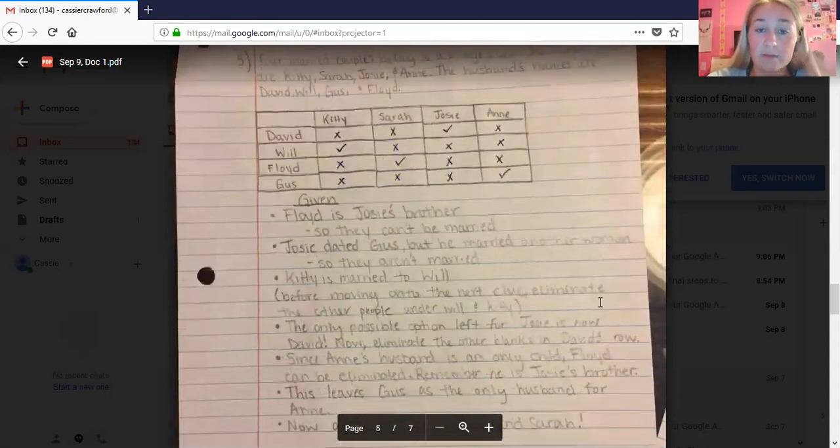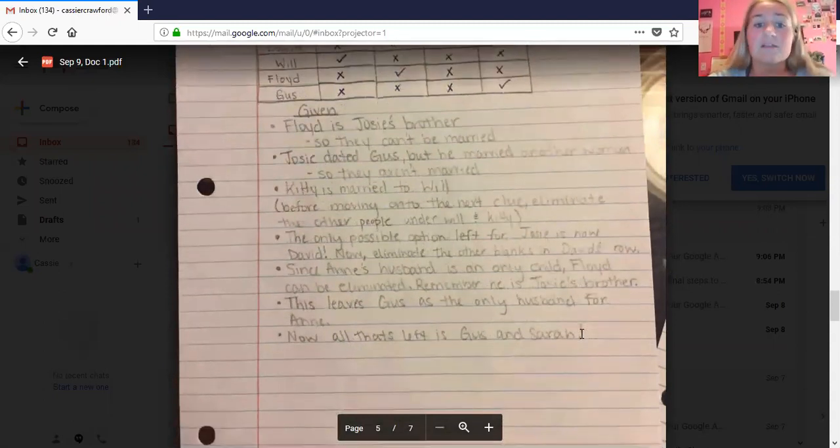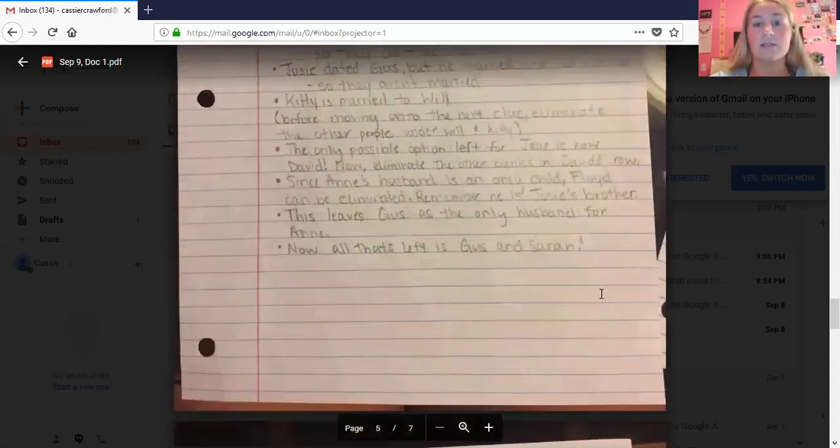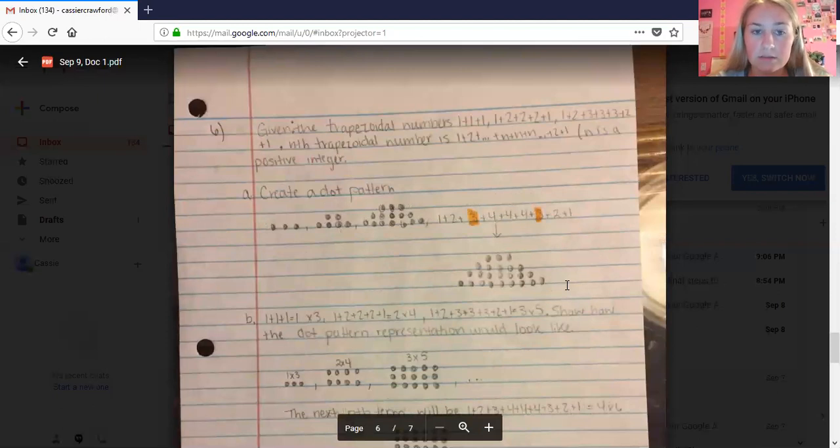Then the only other possibility after that for Josie is David. And since Ann's husband is an only child, Floyd can be eliminated because he's Josie's brother. This leaves Gus as the only husband for Ann, and that gives you your complete filled out chart of spouses.